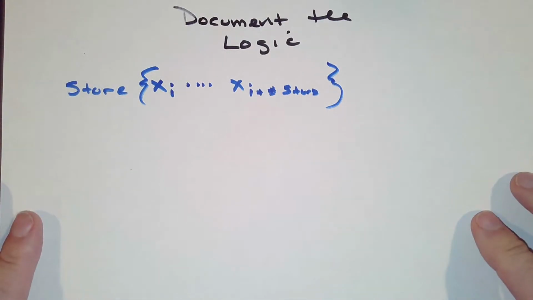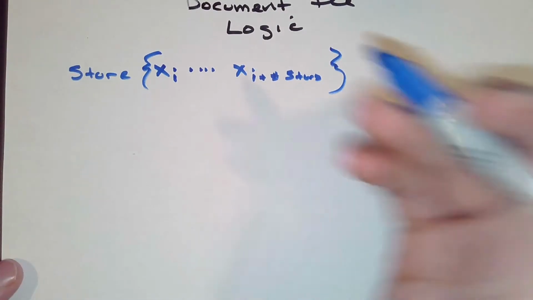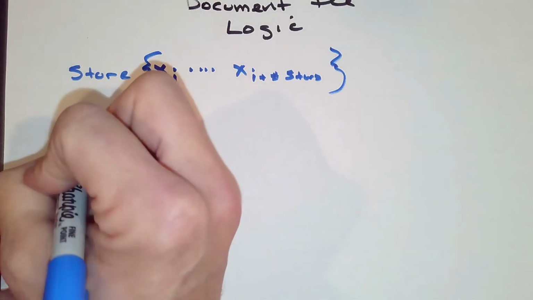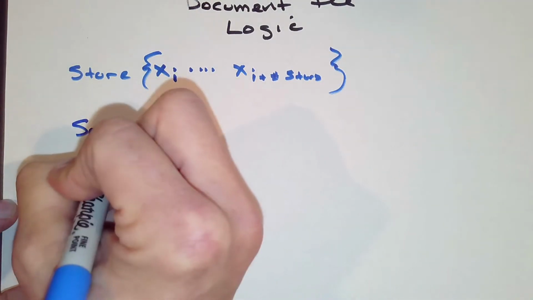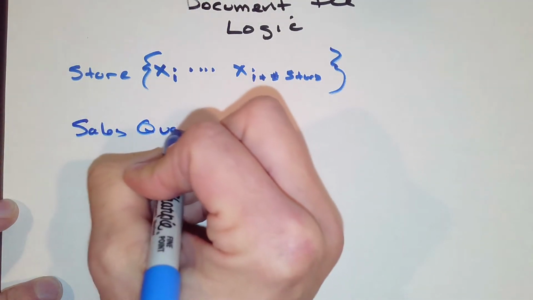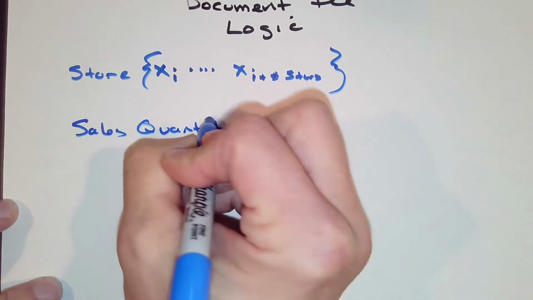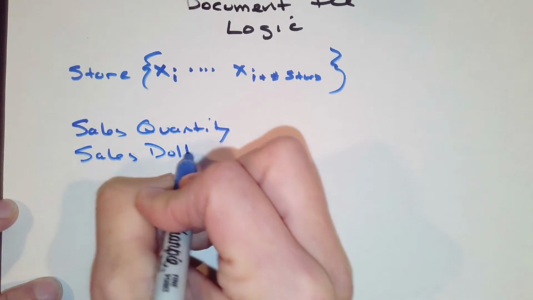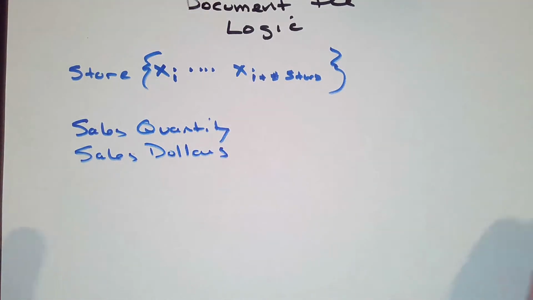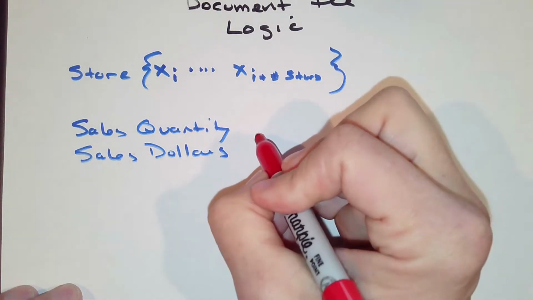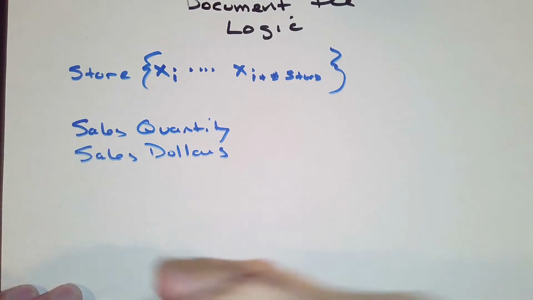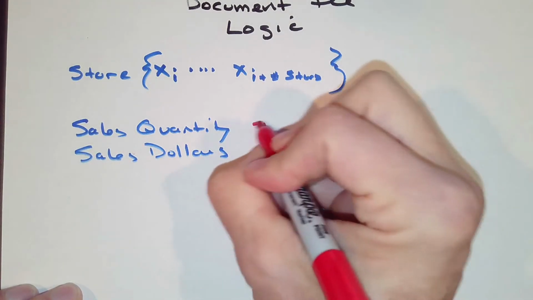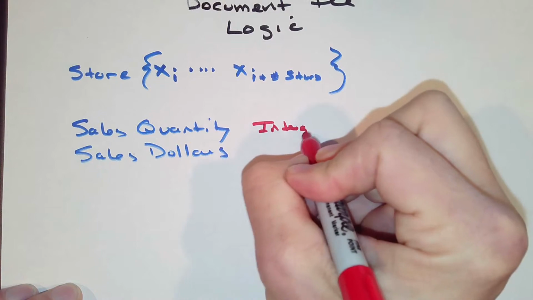I also have sales quantity and I have sales dollars. So those are the two variables that I have. Sales quantity, I would assume, is going to be some kind of an integer. Right?